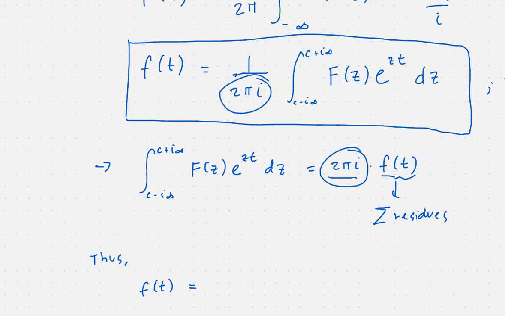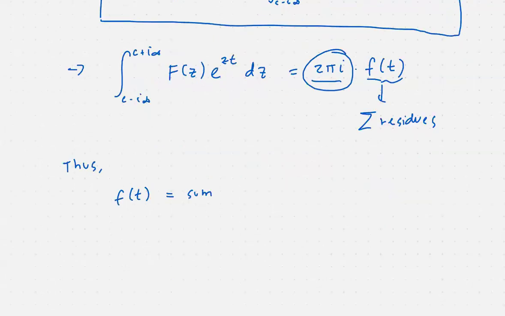So basically, f of t is just the sum of residues of our function. Now, our function is the integrand, so our integrand is F of z times e raised to zt.